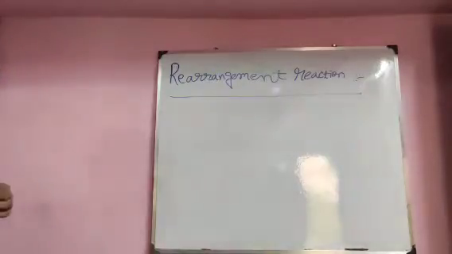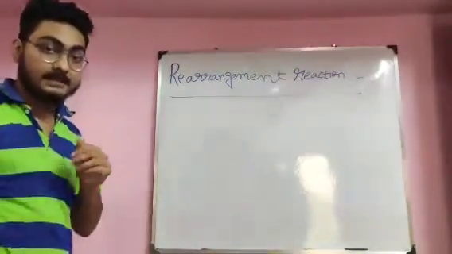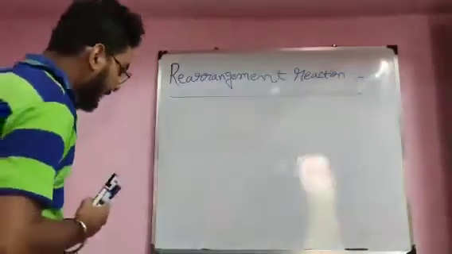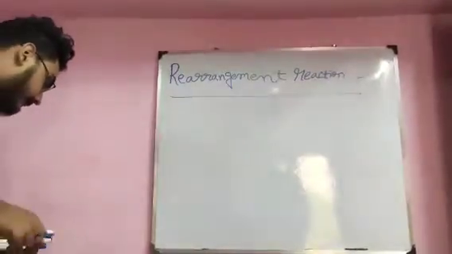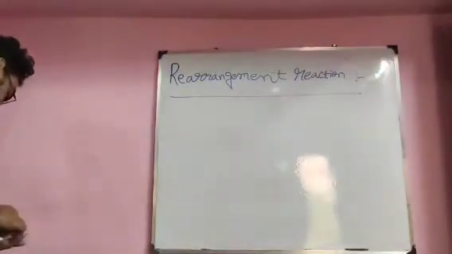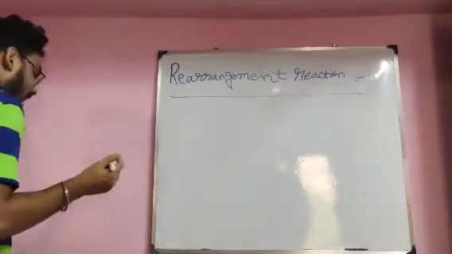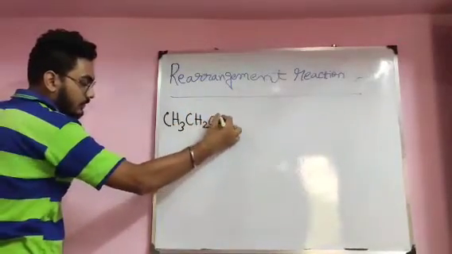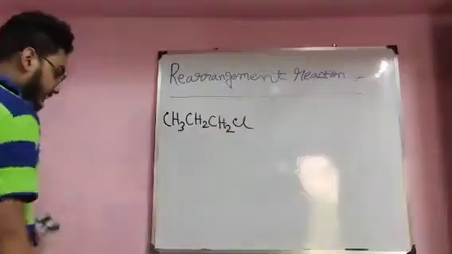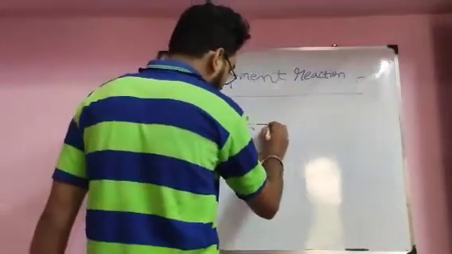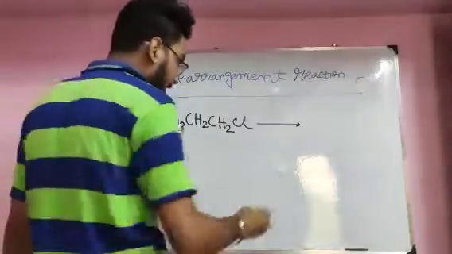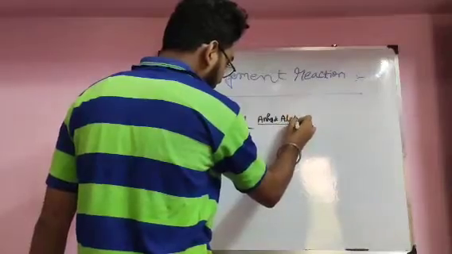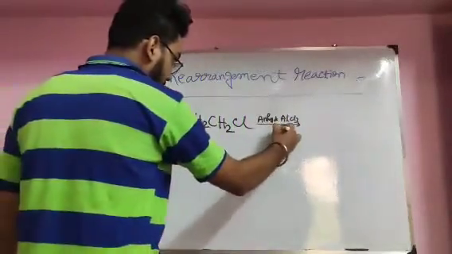Here in rearrangement reaction, the X group is rearranged. The X group can be chlorine, fluorine, bromine, iodine. We take an example: if we take CH3CH2CH2Cl, the reagent used is anhydrous AlCl3 and give heat.